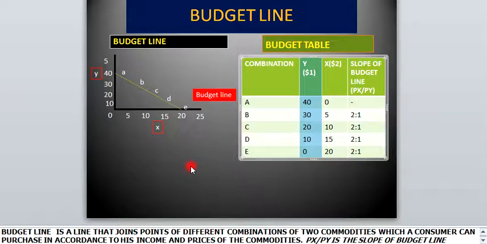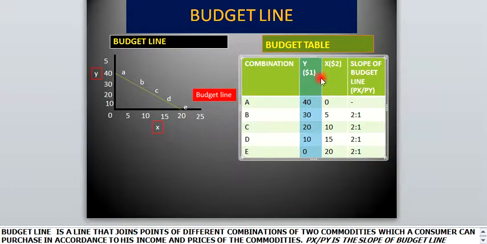It is also pertinent here to mention that budget line is derived from budget table. If you look at this table here, we have different combinations. When you look at commodity Y, the price of commodity Y is $1, and the price of commodity X is $2. This is the slope of budget line, because we are assuming that this consumer has $40.